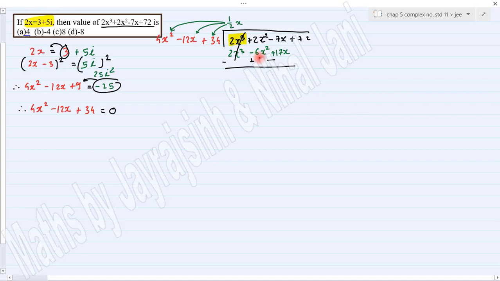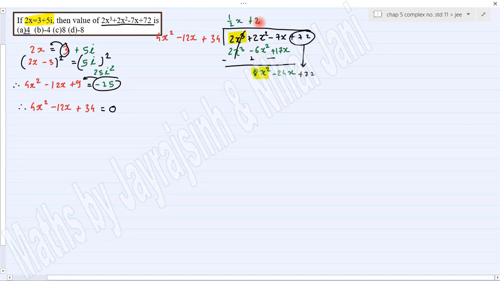So your 2x cube will cancel out. 2x square plus 6x square will become 8x square. Minus 7x minus 17x will become minus 24x, and let's get our remaining 72. Now this time we need 8x square. We have to multiply by 2.